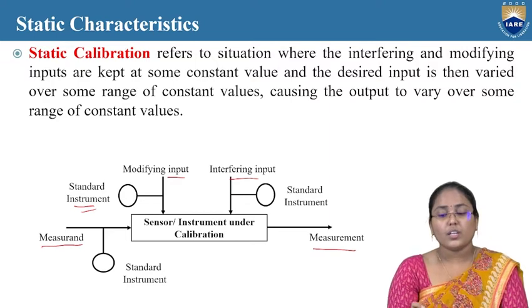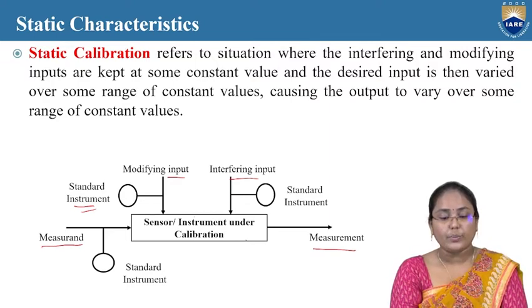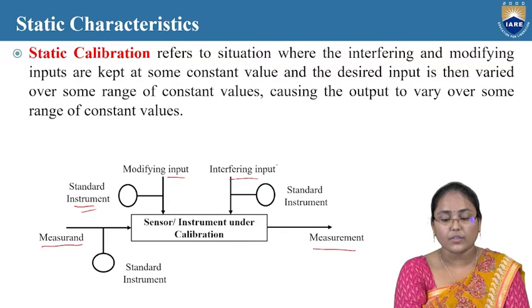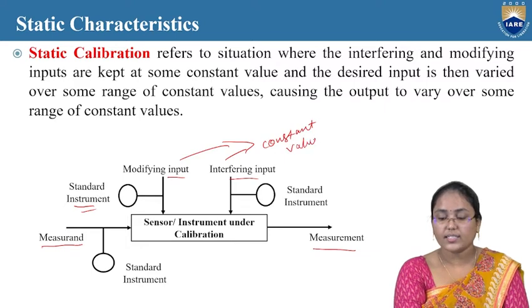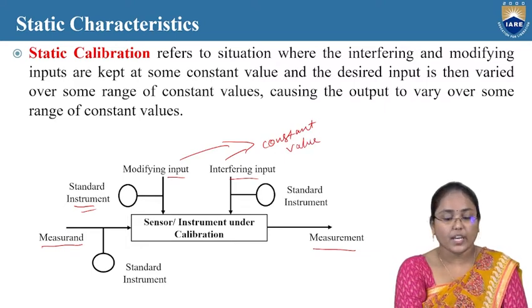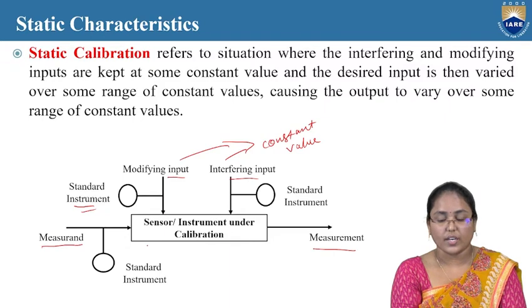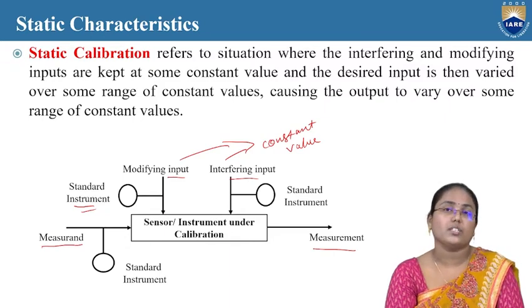So here, the interfering and modifying inputs are kept at a constant value. These two are kept at a particular constant value, and the desired input is then varied over some range of constant values, causing the output to vary over some range of values.